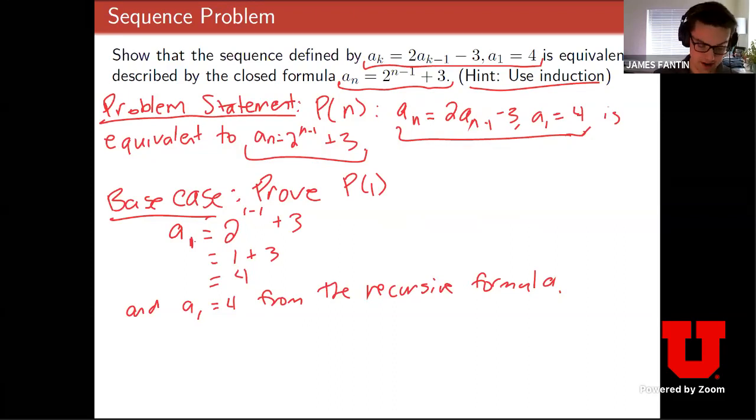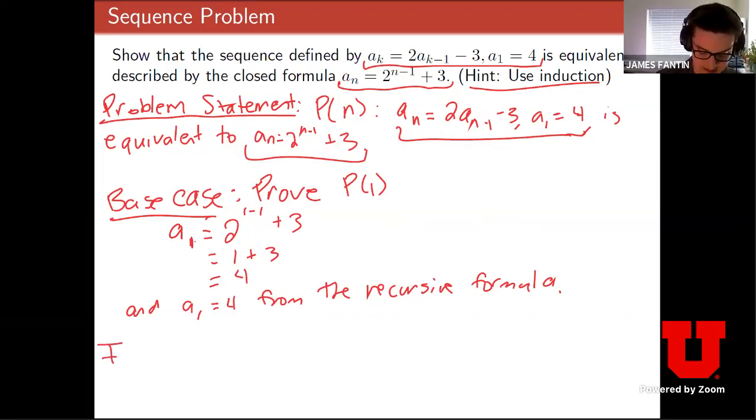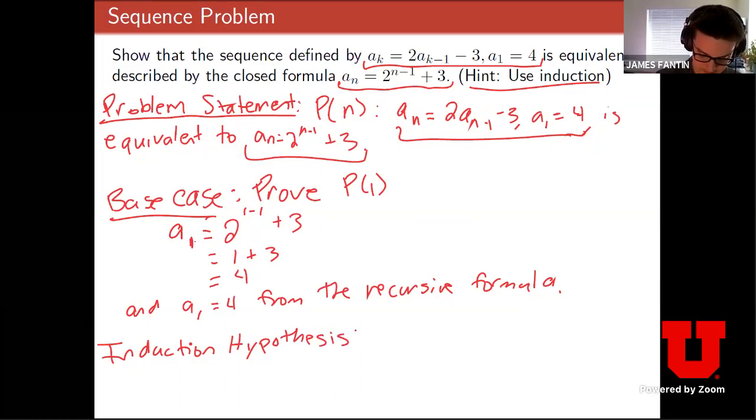So our base case is true. Then the next part of an induction problem, we always have the induction hypothesis. So what would our induction hypothesis be for this problem? Does someone want to raise their hand or type in chat?